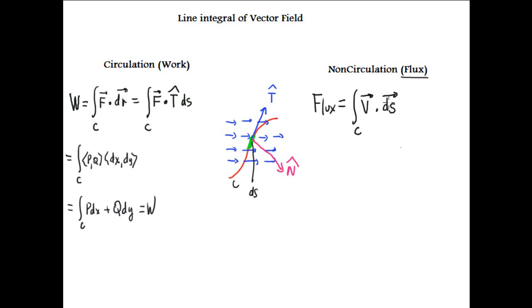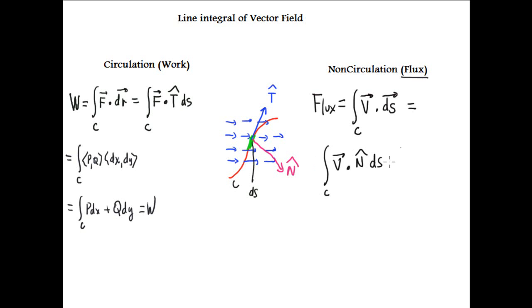But who is ds vector? ds is the arc length, a distance, and ds vector is a vector, so it's the integral of B dot the unit normal vector times ds. Look, it's similar to this idea. This is the tangent unit vector times ds, this is the normal unit vector times ds.